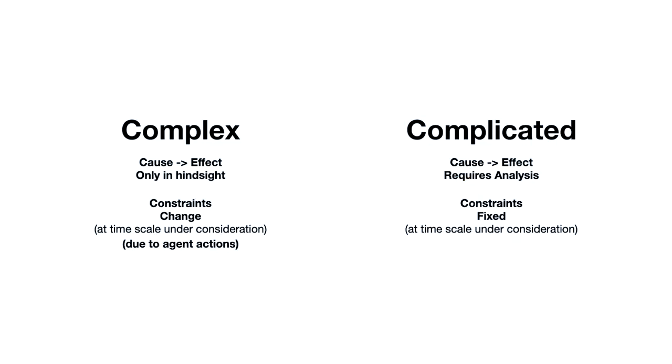Recall that in a complicated domain, we were able to plan for the future. Whereas in the complex domain, because we know only things in hindsight and every agent action changes the constraints, we have to be in a constant feedback loop with our environment to react appropriately. We take an action, environment changes, we observe, we take an action, environment changes, we observe. So it's a constant feedback loop.